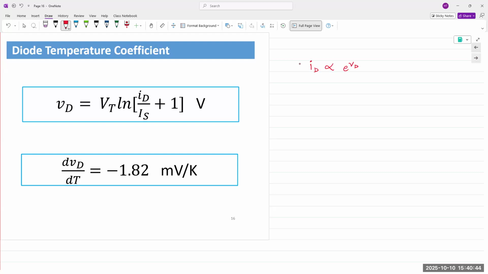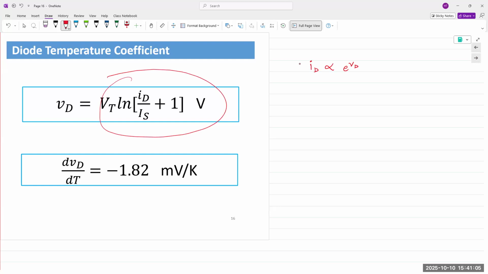Right? So you simply flip it on the other side. Take the natural log of ID after you transfer all the other quantities to the other side, and we obtain the diode voltage as a function of VT and ID.